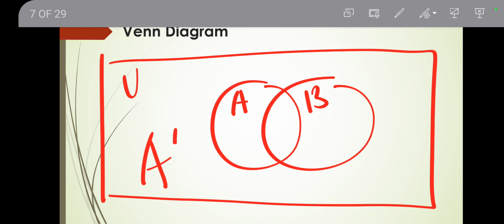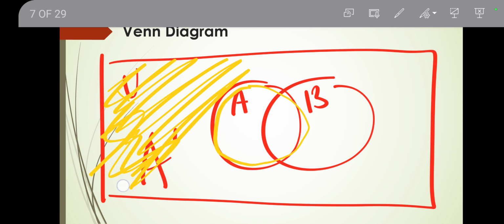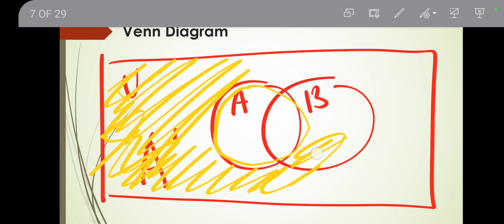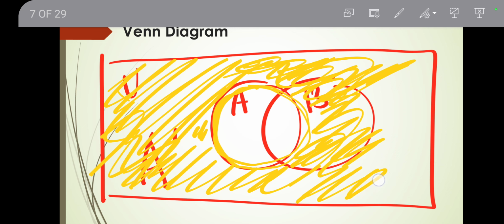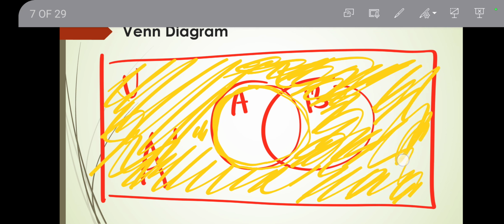It means those that are not in A. So what are the elements not in A? They are in the universal set, including the set B. But you are not allowed to include the common part of set A and set B because that is still part of A. As long as it exists with A, it is not included. So the outside parts, the other elements of set B and others, these are the complement. Okay?